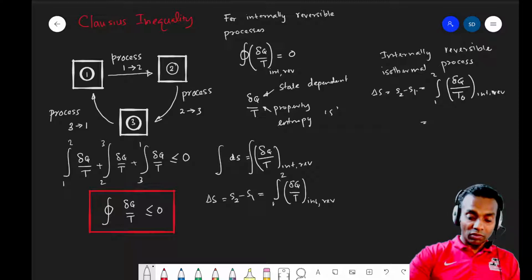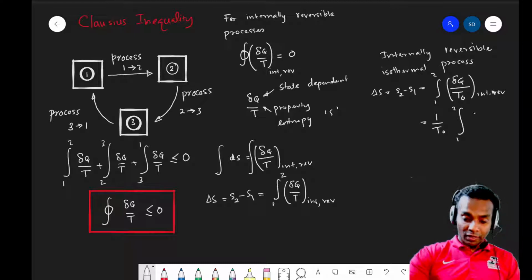Now, since T naught is a constant, you can take it out of the integral, and we have the integral from 1 to 2 of dQ for an internally reversible process.